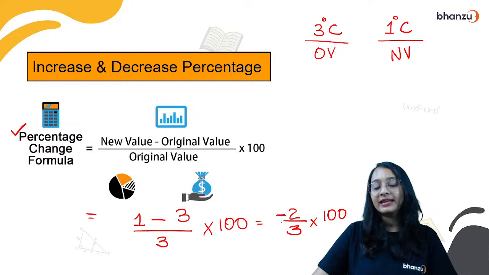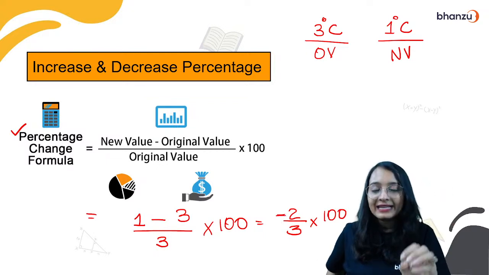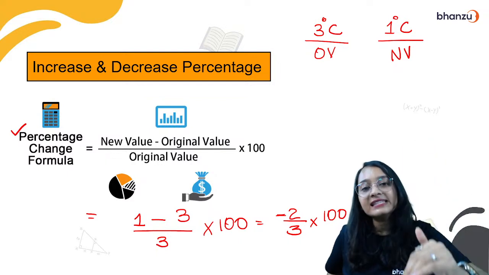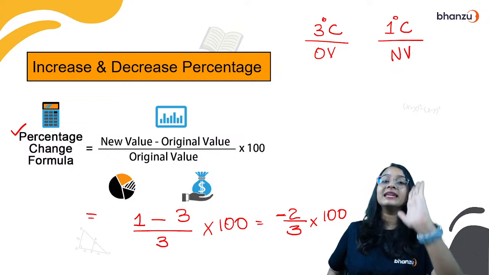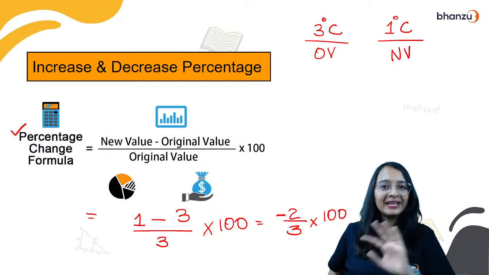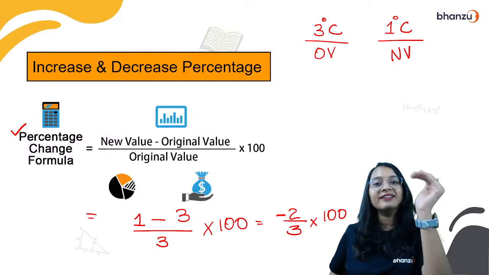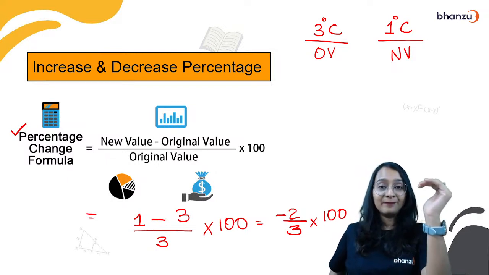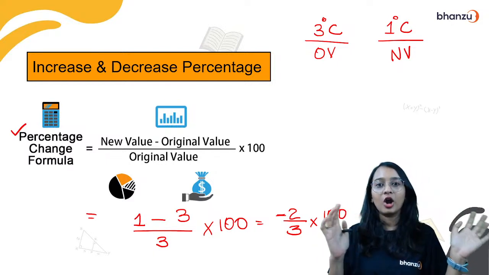Now, why are we getting this minus? So that minus is actually indicating that there is a decrease in the value. If you got a plus there, that means there's an increase in the value. So don't panic if you get a minus sign there. It is just to indicate that the value has decreased. The temperature has gone down. Nothing more. So don't panic. Oh my God, I got a negative answer.